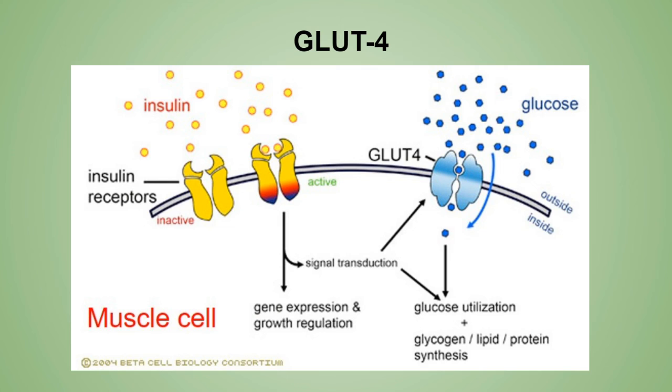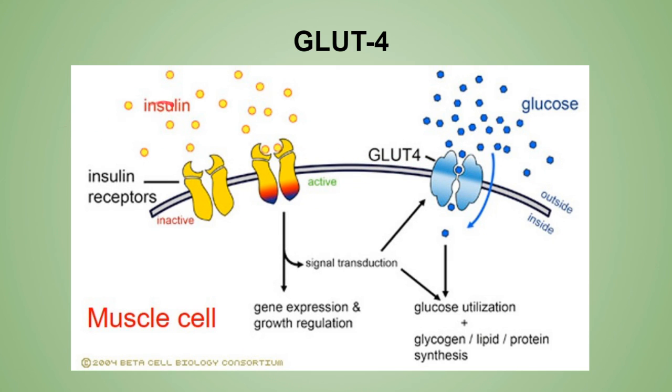Now the clinical application of glucose transporter 4 is that in diabetes mellitus 2, GLUT4 is reduced, leading to insulin resistance in muscle and fat cells. In diabetes, entry of the glucose into the muscle is only half of the normal, because the GLUT4 is not present in the muscle membrane.